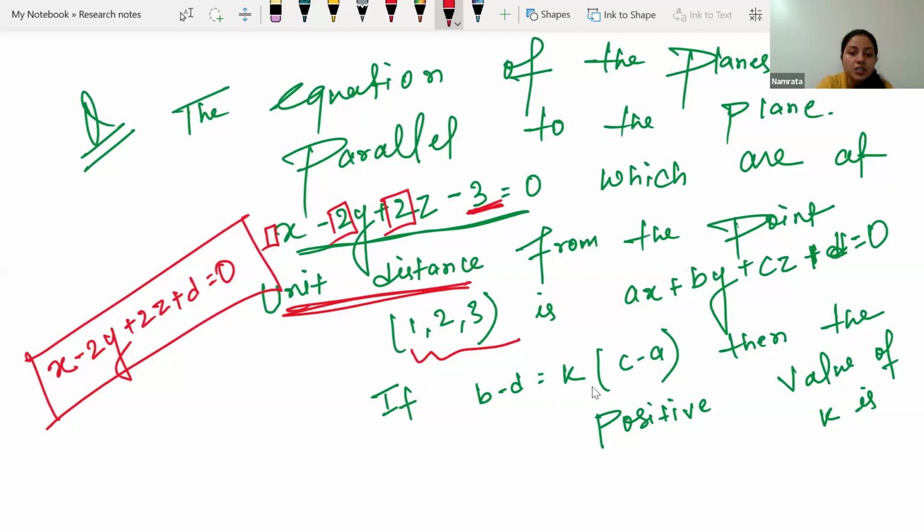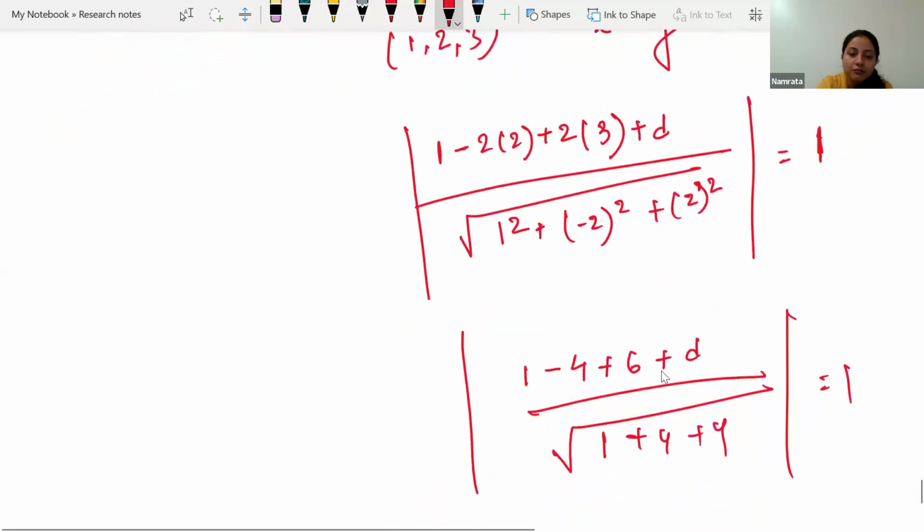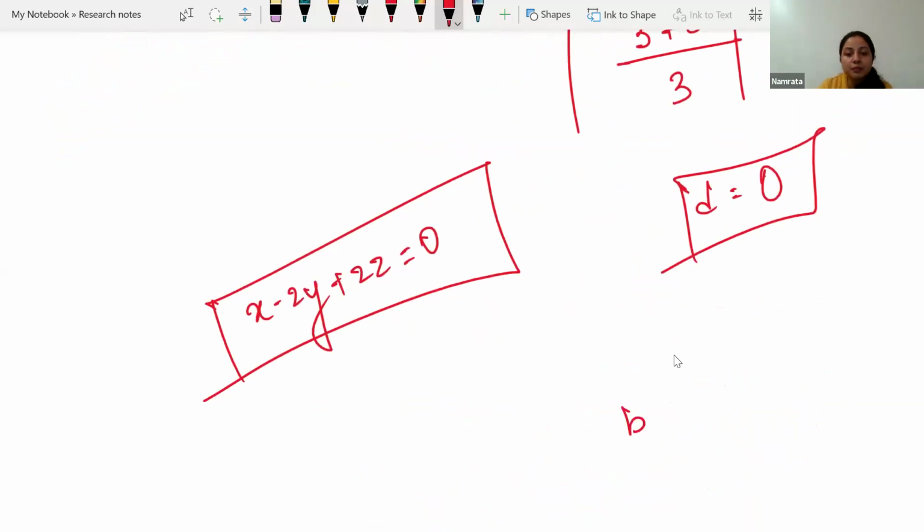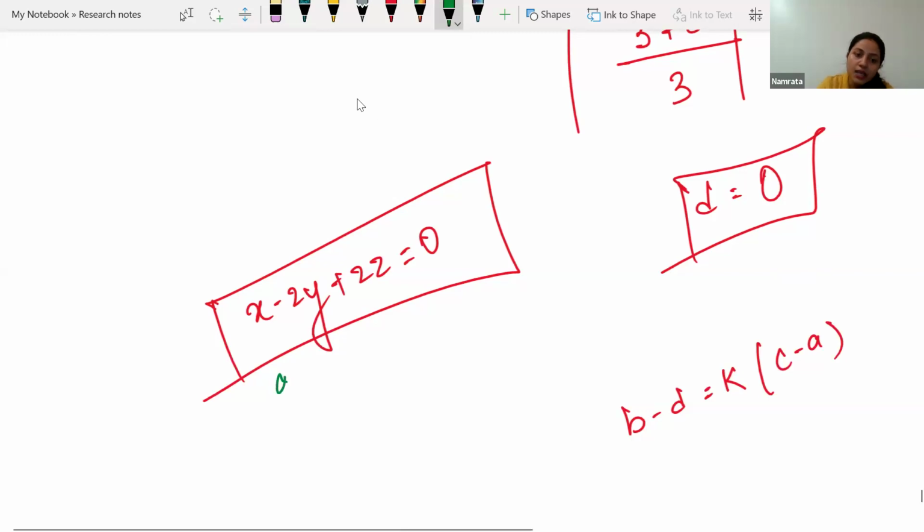If b minus d is equal to k times (c minus a), then we have to find the value of k here. What is b, what is a, what is c? This is the equation of the plane, that is ax plus by plus cz plus d is equal to 0.